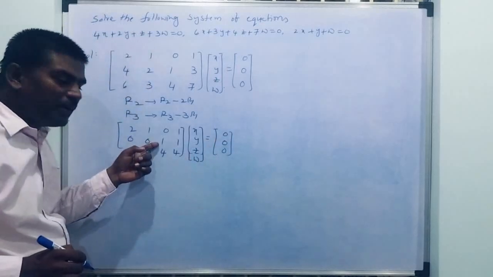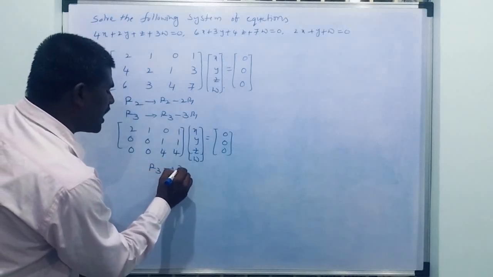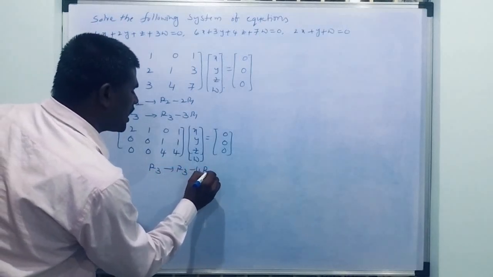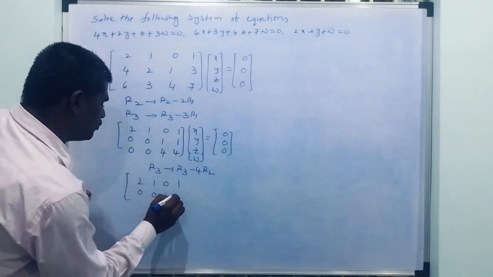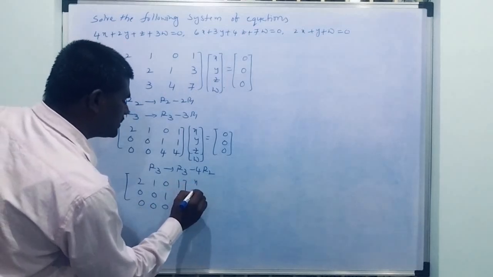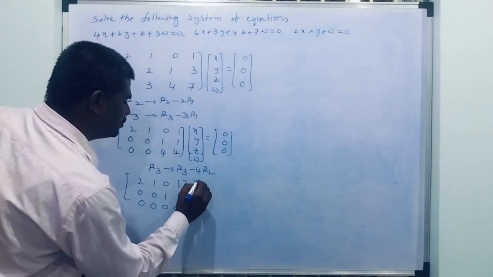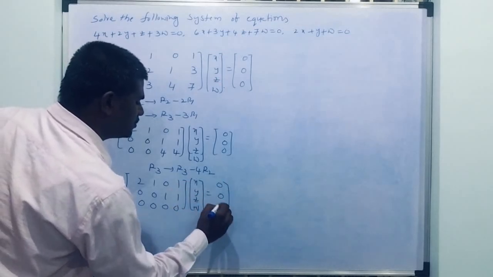Now use this element and make this one as 0. That means R3 tends to R3 minus 4R2. 2, 1, 0, 1, 0, 0, 1, 1, 0, 0, 0, 0 into X, Y, Z, W equal to 0, 0, 0.